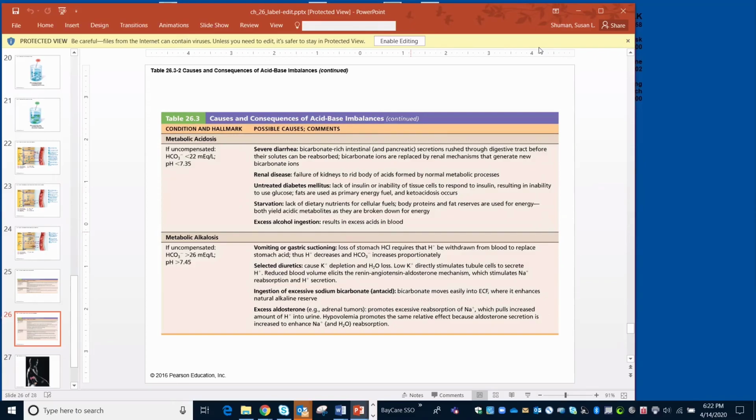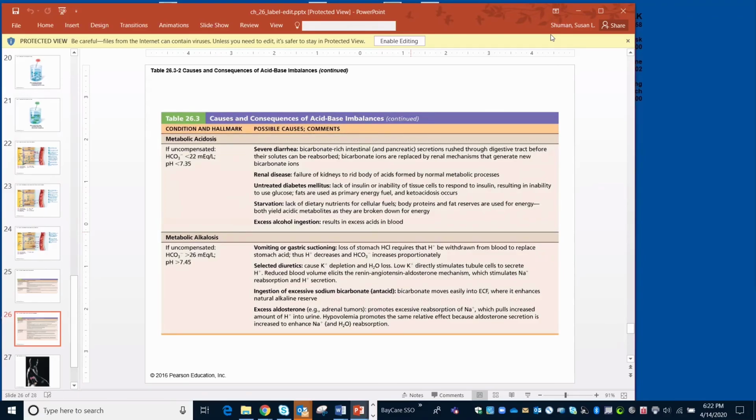So here's the thing. Let's try this one. You ready? Let's do this. 7.36 is the pH. Carbon dioxide is going to be 26.